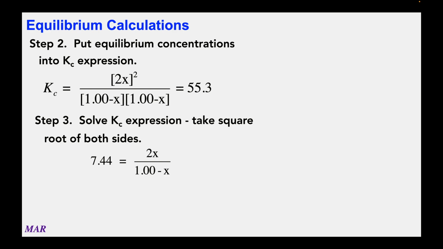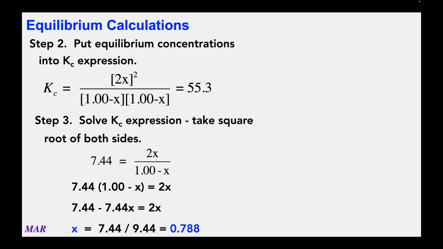And then finally, you want to take the square root of 55.3. Your calculator can do this for you. It comes out to be 7.44. At this point, we'll use the distributive property. 7.44 times 1 is 7.44, and 7.44 times minus x is minus 7.44x. And we can then combine all of the x's, because remember, all of that equals 2x.